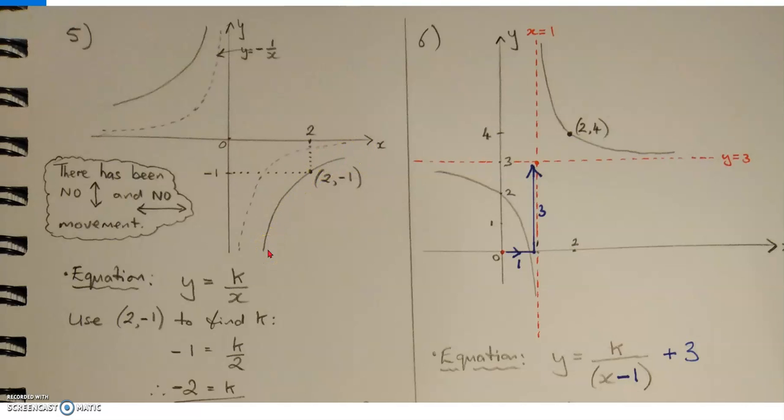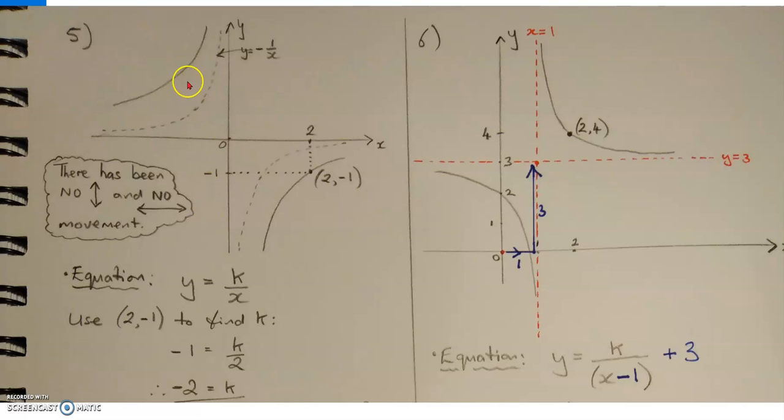Now, the first hyperbola you will ever see will be one that comes down like that in this quarter of the graph, and goes like that in this quarter of the graph. And that would be what we would call a positive hyperbola, okay?